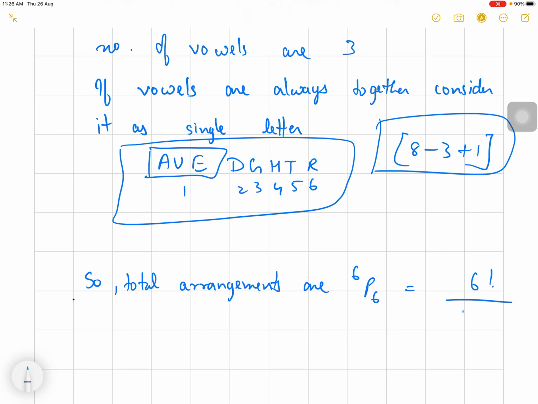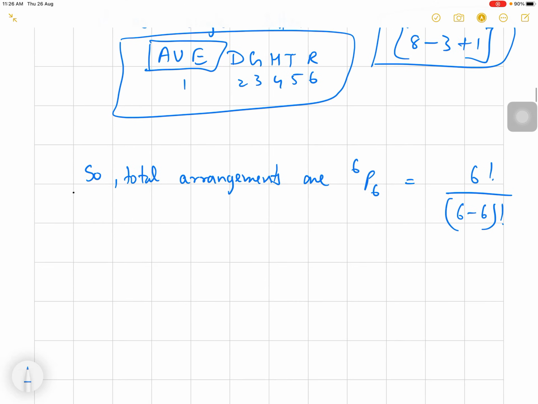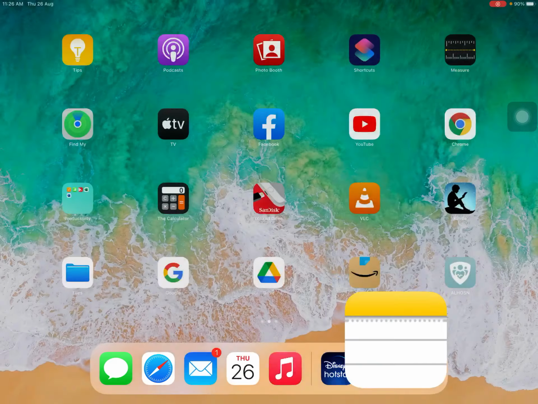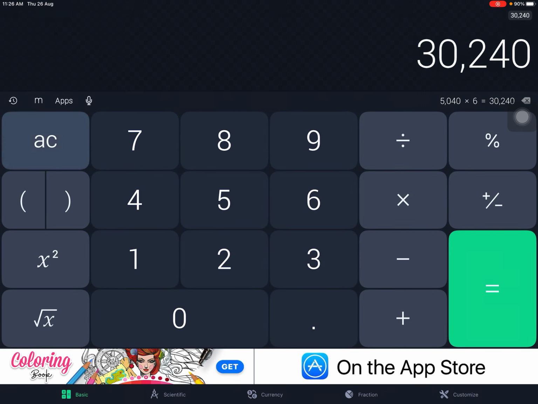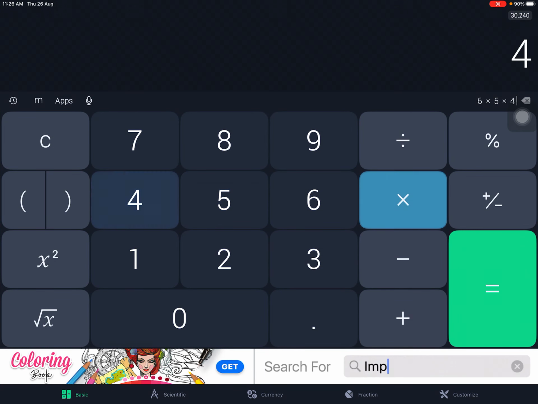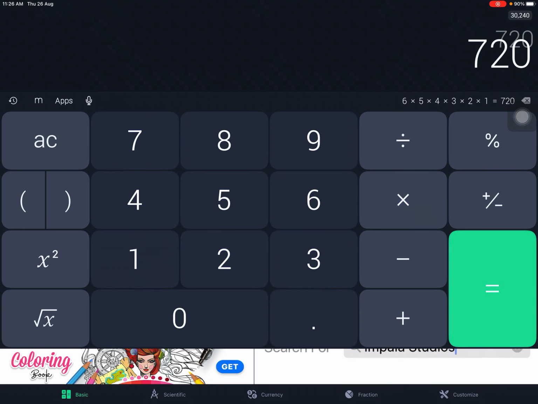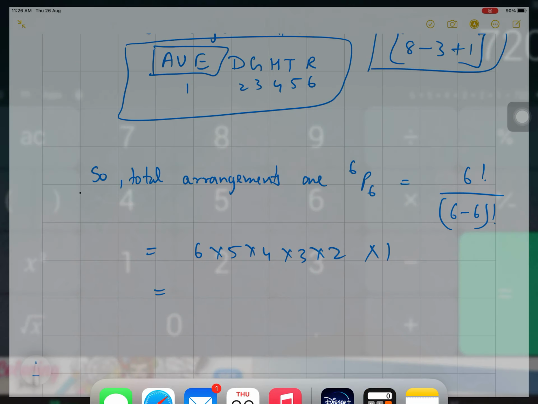So 6 factorial divided by (6 minus 6) factorial. So 6 factorial is 6 into 5 into 4 into 3 into 2 into 1. When you solve it, it comes to 720 ways.